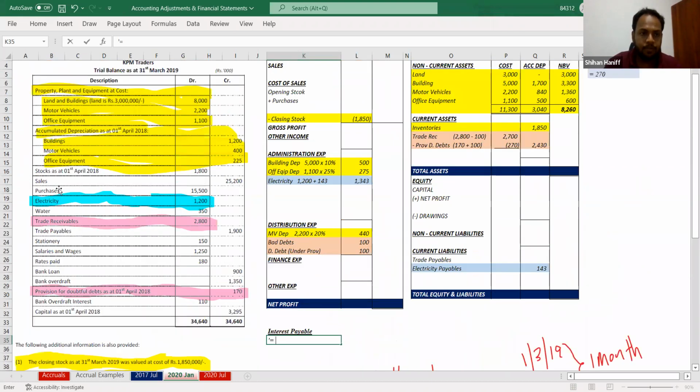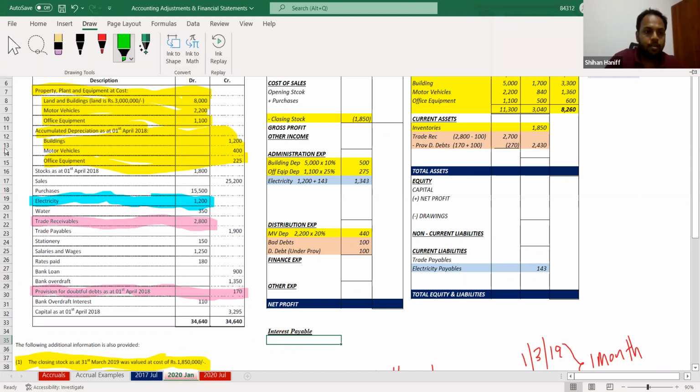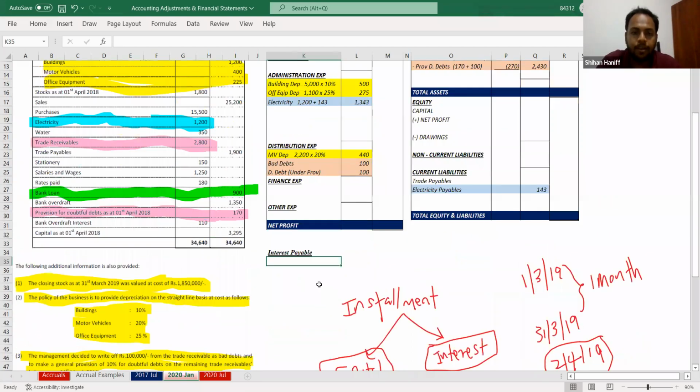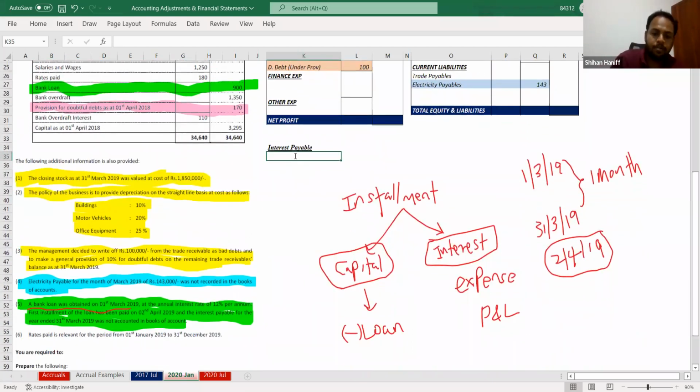Loan amount is 900,000. Interest rate is 12%, times 1 month.